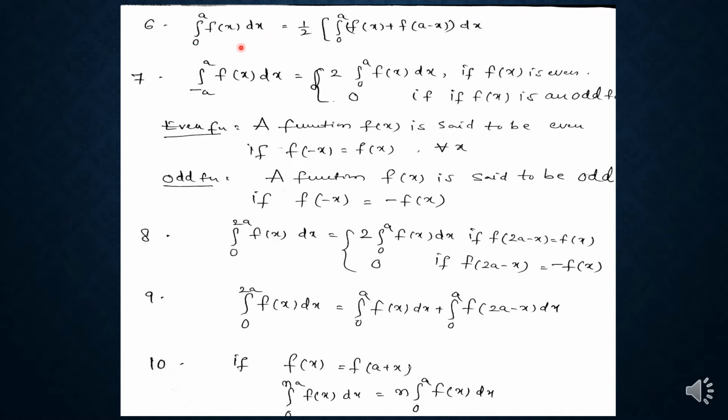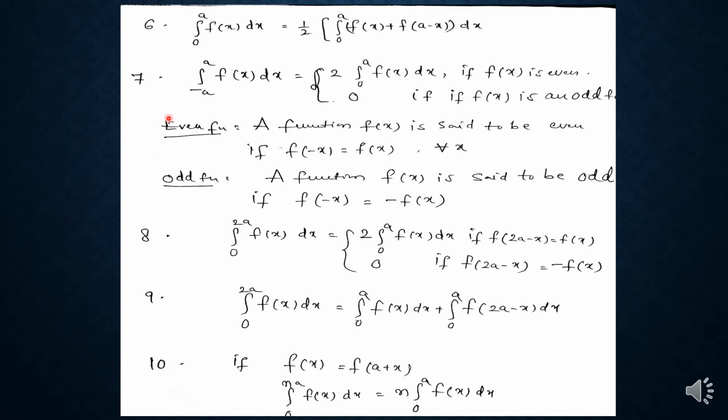If we take the first integral 0 to a f of x dx as I, then integral 0 to a f of a minus x dx is also I. I plus I is 2I, which is equal to integral 0 to a f of x dx plus integral 0 to a f of a minus x dx. Then I, which is integral 0 to a f of x dx, can be written as half into integral 0 to a of f of x plus f of a minus x dx. This comes from the fifth property.